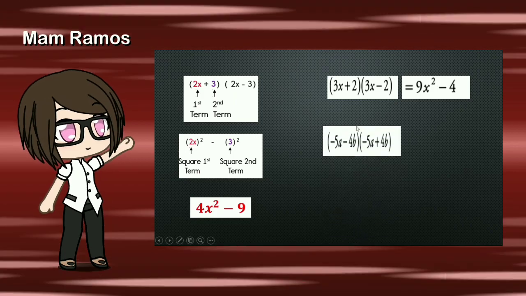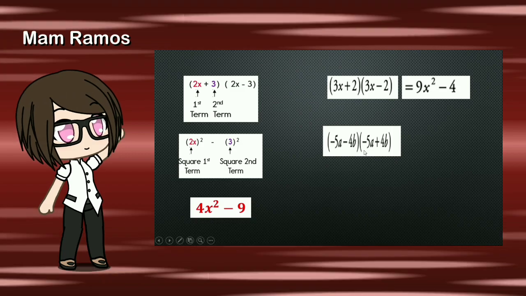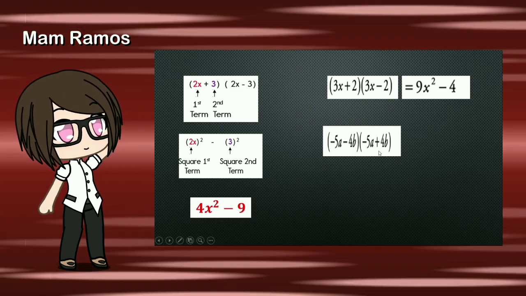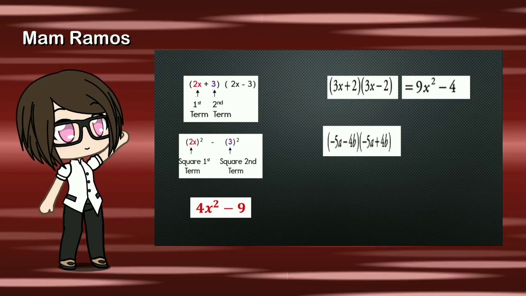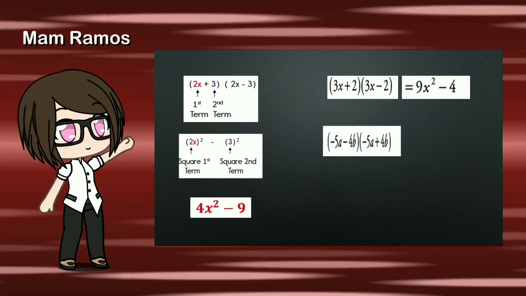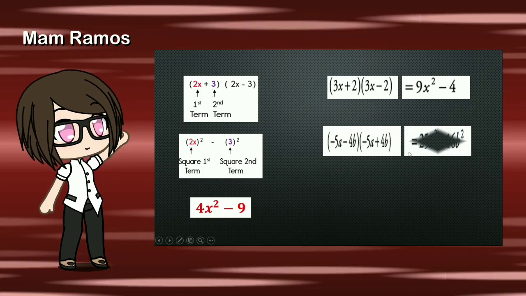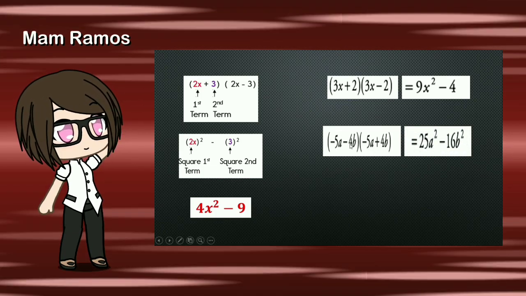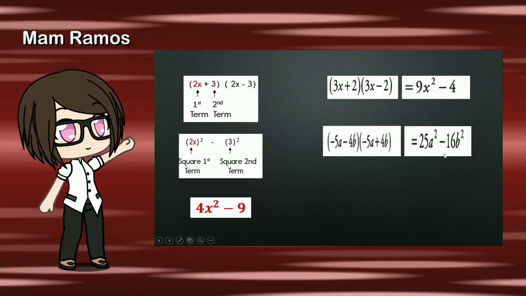Next, negative 5a minus 4b multiplied by negative 5a plus 4b. We just multiply negative 5a times negative 5a, which is positive 25a squared. And then negative times positive is negative 4b times 4b, which is 16b squared.